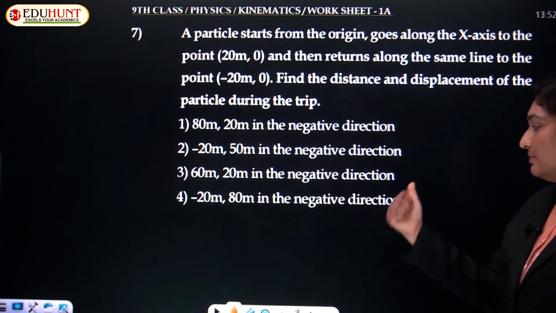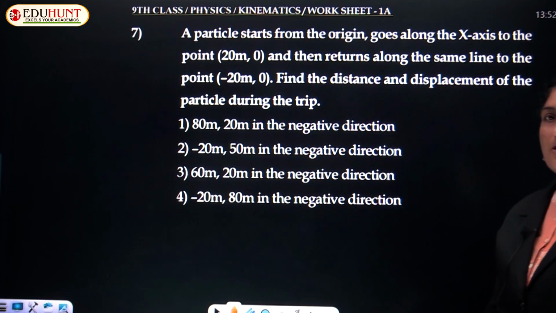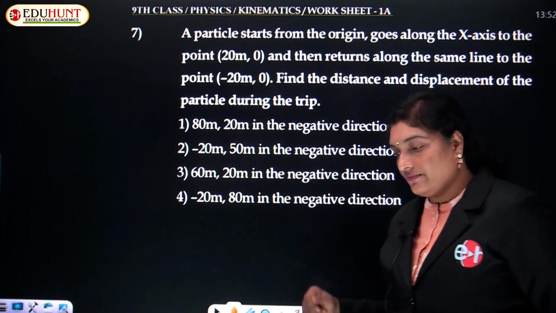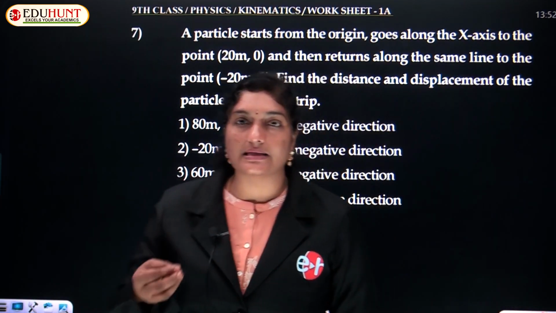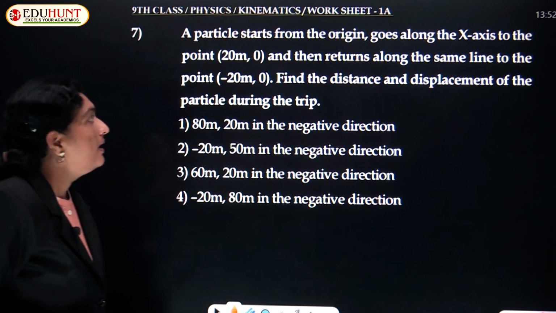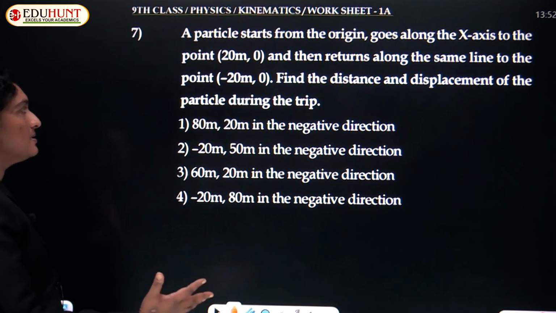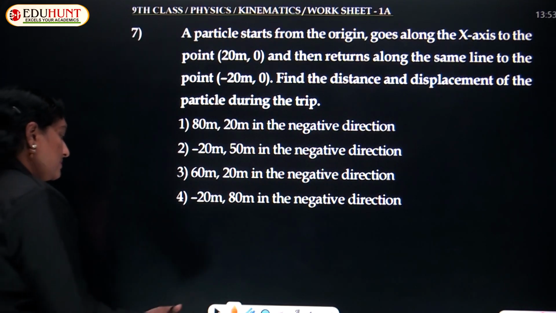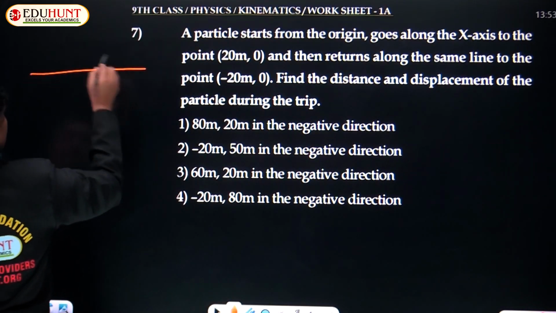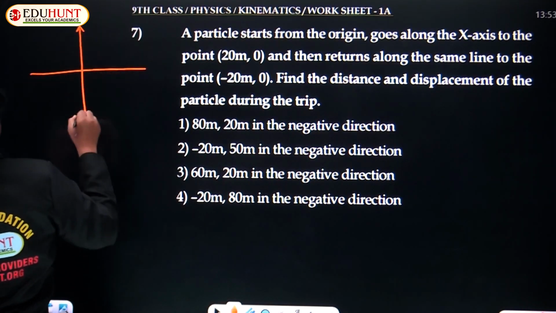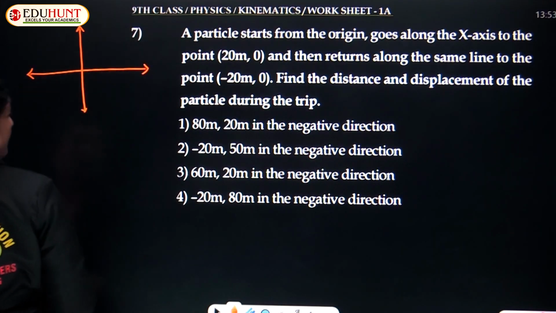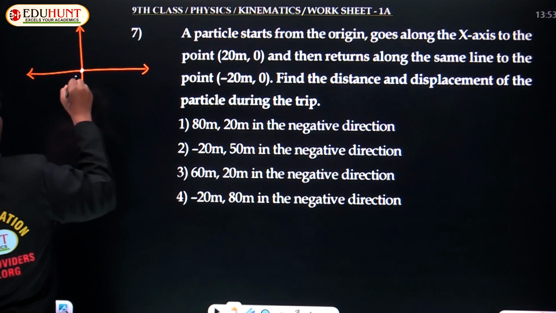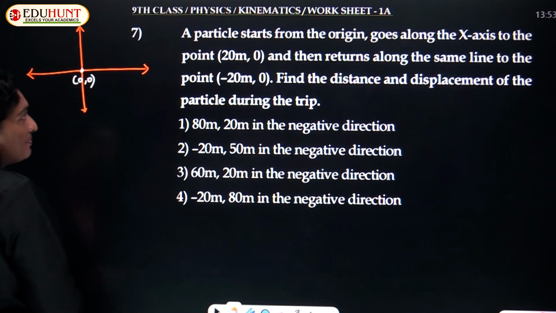Well, now let us move to the next one, that is the 7th question. A particle starts from the origin. So where does the particle start from? The particle starts from the origin. It goes along the x-axis to the point 20 meters, 0. So let us visualize this. This must be your origin, let us plot this as 0, 0.